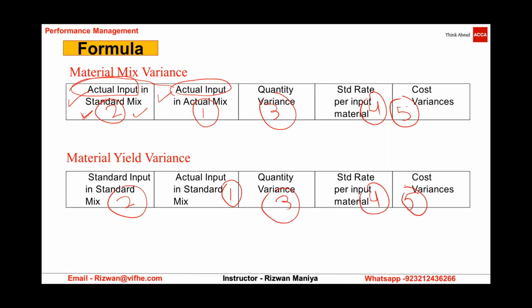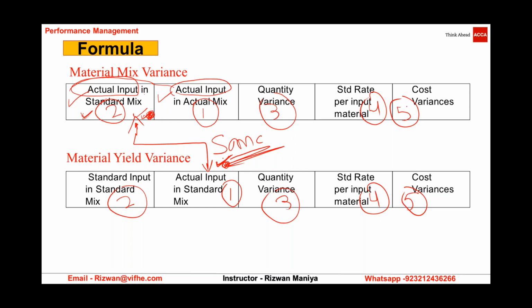Now, if you observe, this and this are the same. So using a spreadsheet, you can save a lot of time. See the technique. You already have done the working for the first column of mix, which is exactly the same as the second column of yield. So I can just copy paste the stuff of this here.